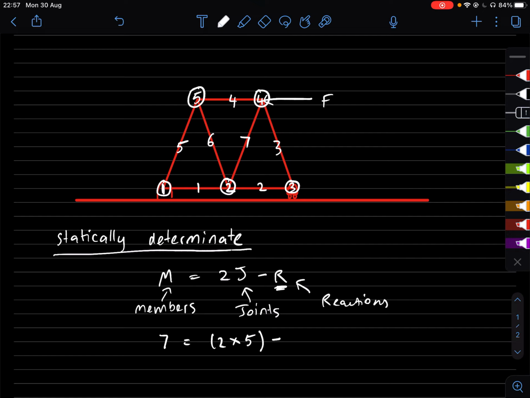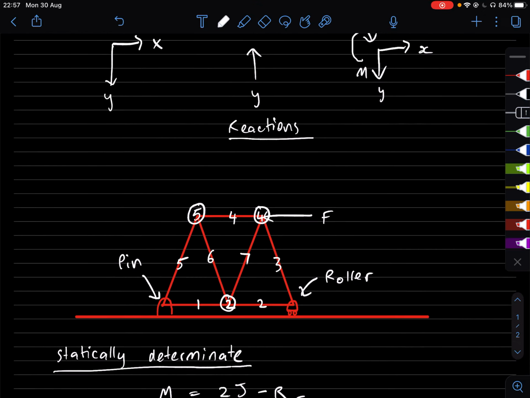Minus the reactions. Okay, so I don't know if you can see this because I've kind of written over it, but let's try and, there we go. So have a look at these two supports. What reactions are they going to have? Remember, what's this one here? It's going to be a pin support. And what's this one here? This is going to be a roller. And what did we learn previously about the reactions for pin and roller supports?